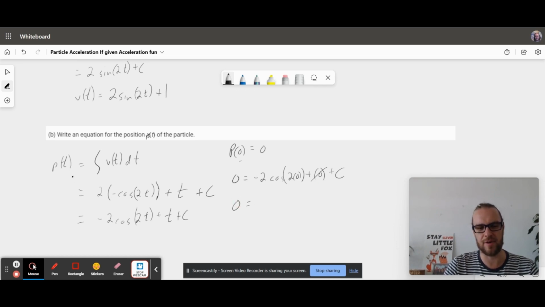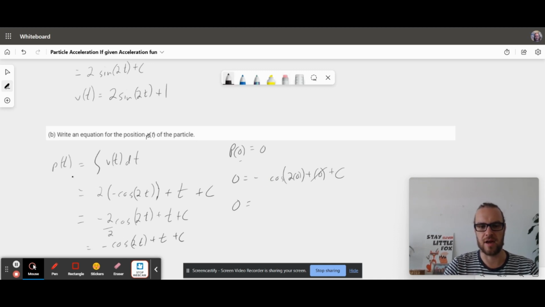You know what we forgot? When we're doing the integration here, because there is that chain rule, we need to divide by 2. So in reality, this would simplify even further to give us negative cosine of 2t plus t plus c. So that means that over here we need to get rid of this 2.